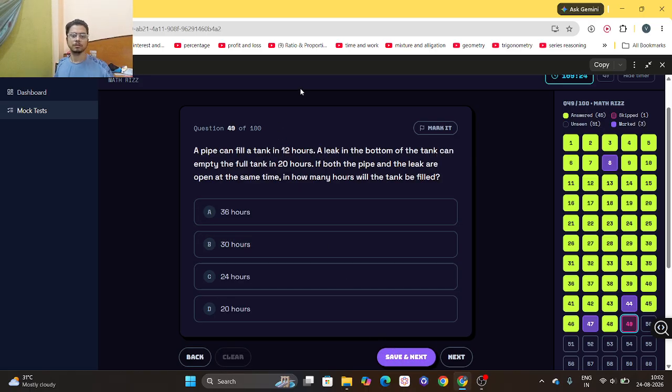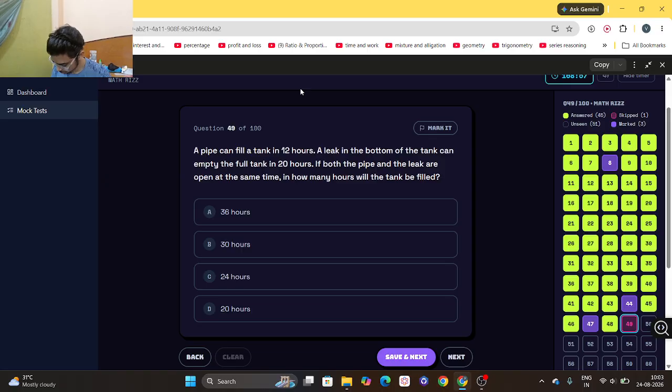A pipe can fill a tank in 12 hours. A leak in the bottom of the tank can empty the tank in 20 hours. If both the pipe and the leak are open at the same time, in how many hours will the tank be filled? A can fill it in 12 hours. B can empty it in 20 hours. So let's say that the total work is 60 liters.